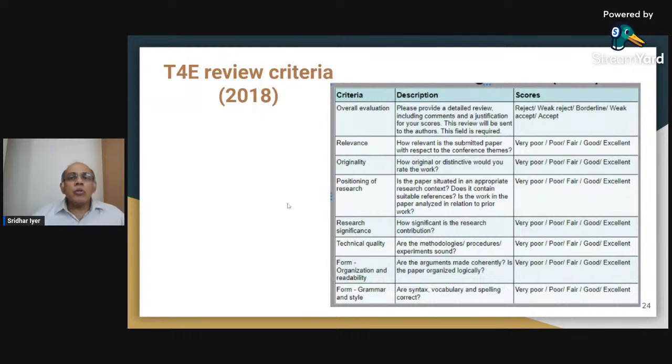So the T4E criteria, if you leave the overall evaluation aside, there are these things called relevance, originality, positioning, significance, quality, form, organization, grammar, and so on. You've seen the description by now. So what are these things?